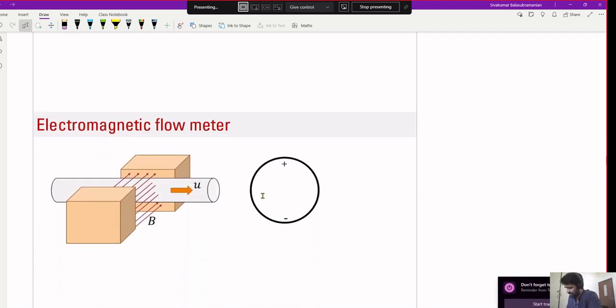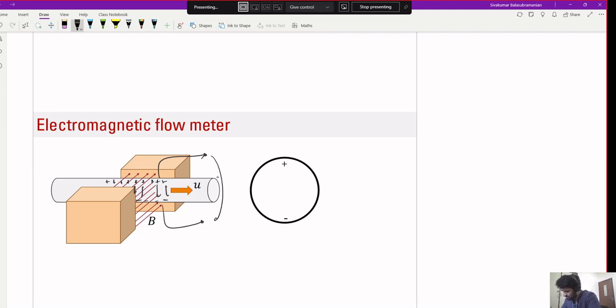I basically explained the same thing here. If you have positive and negative ions flowing in this direction, positive ions are pushed to the top and negative ions to the bottom. That means an electric field is set up, which we should be able to measure as a voltage difference, V. Now this V will be proportional to your u and your magnetic field.